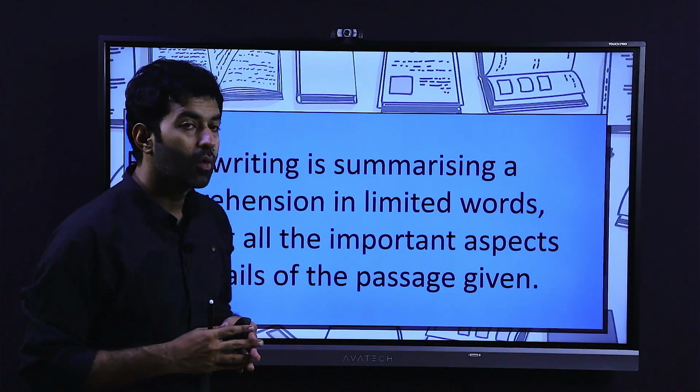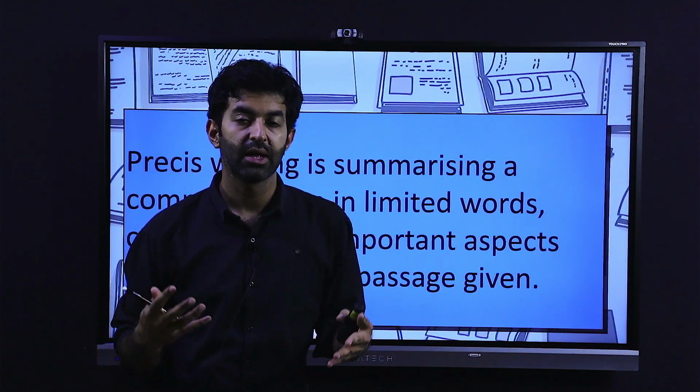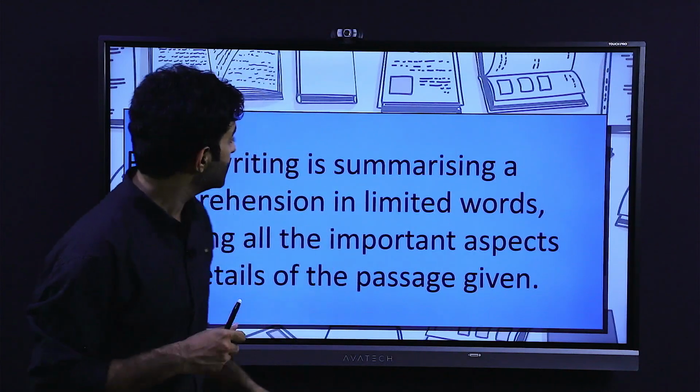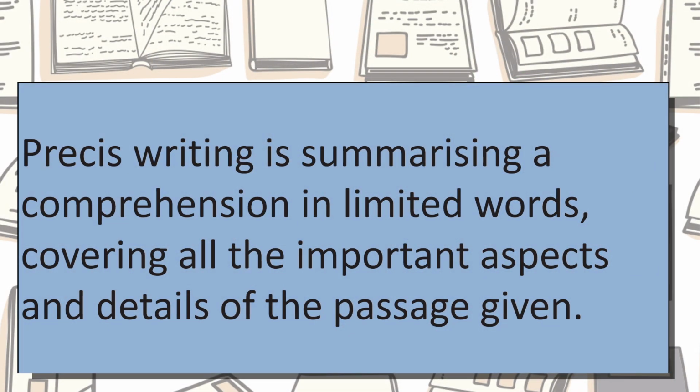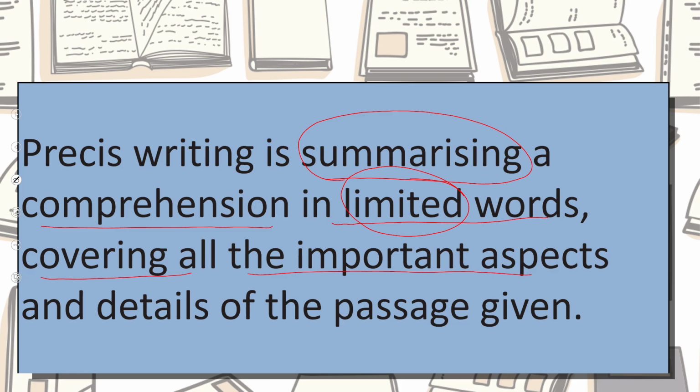Now, what is précis writing? Let's understand it. Précis writing is actually summarizing a comprehension in limited words. Yes, we have a word limit that needs to be taken seriously. It covers all the important aspects and details of the passage given.